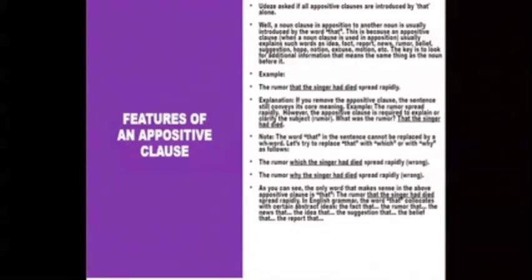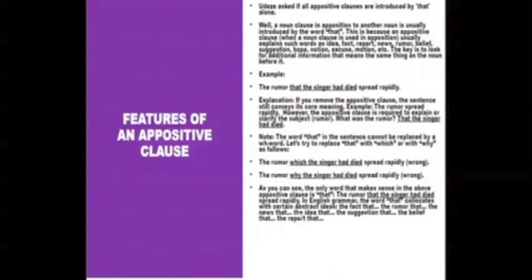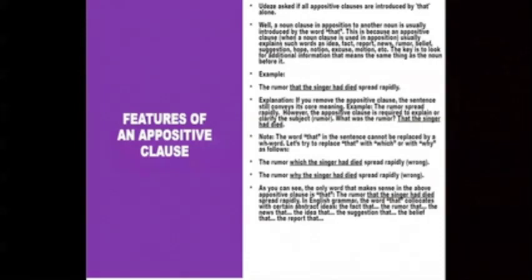Collocation is the grammatical concept which presupposes that certain English words go together. So that is collocation, and the word that collocates with some of these abstract ideas, and that is why we see that the word that is a recurring feature of appositive clauses.